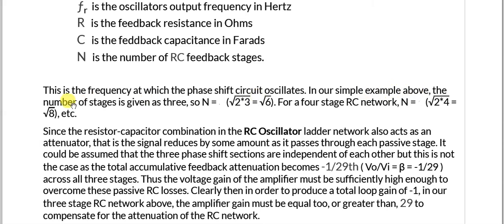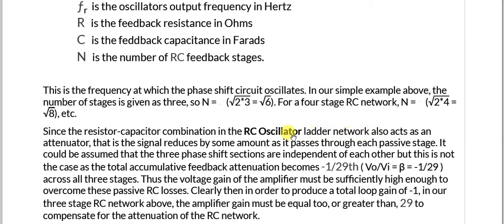Since the resistor capacitor combination in the RC oscillator ladder network also acts as an attenuator, ladder means the steps you take, first step, second step, third step of the 3 circuits, attenuator means reduction, the signal is decaying because of the damping, that is the signal reduces by some amount as it passes through each passive stage.